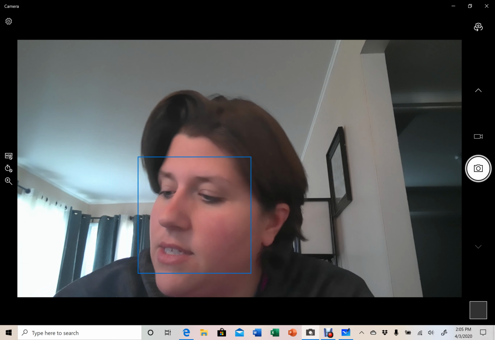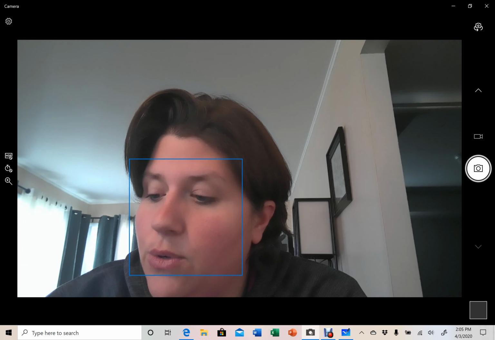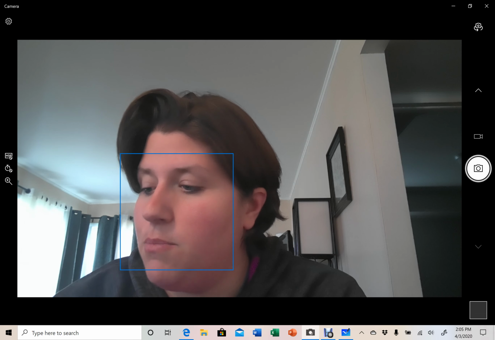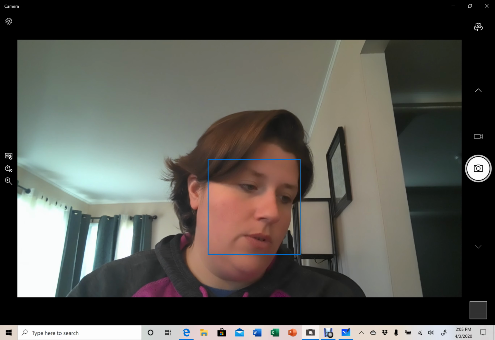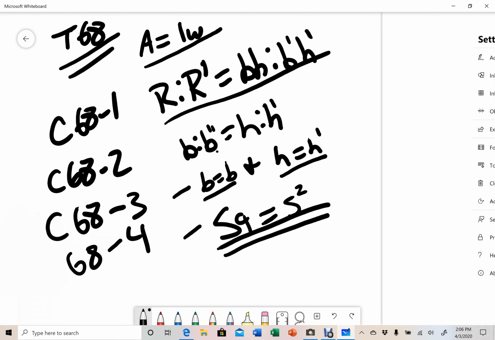Theorem 69 states the area of a parallelogram is equal to the product of its base and its altitude, similar to what we covered before for the area of a rectangle. Same thought. We're dealing with parallelograms, so this is basically A equals BH.